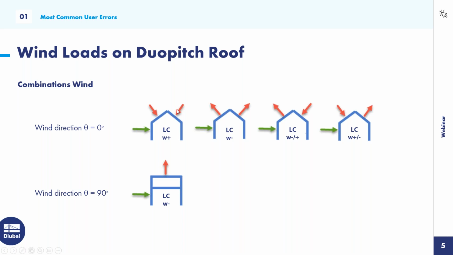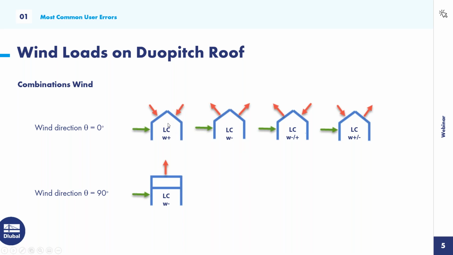According to Eurocode, at least 4 wind load cases are necessary for the wind direction 0 degrees and 1 load case for the wind direction 90 degrees, in the case of a symmetrical model. In our example today, we handle only these wind load cases because it's a symmetrical steel hull.